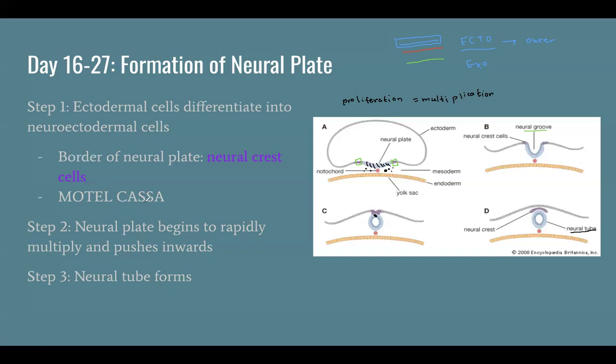A is your spiral ganglia. When your aorta and your pulmonary vein, I believe, are forming, they rotate around each other, and the structure that separates the two of them is called the spiral ganglia. That is derived from the neural crest cells. And then S is your spinal ganglia.